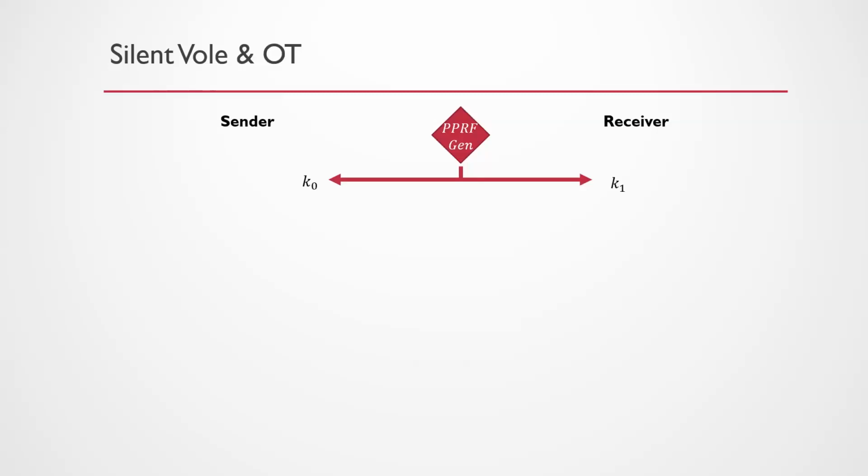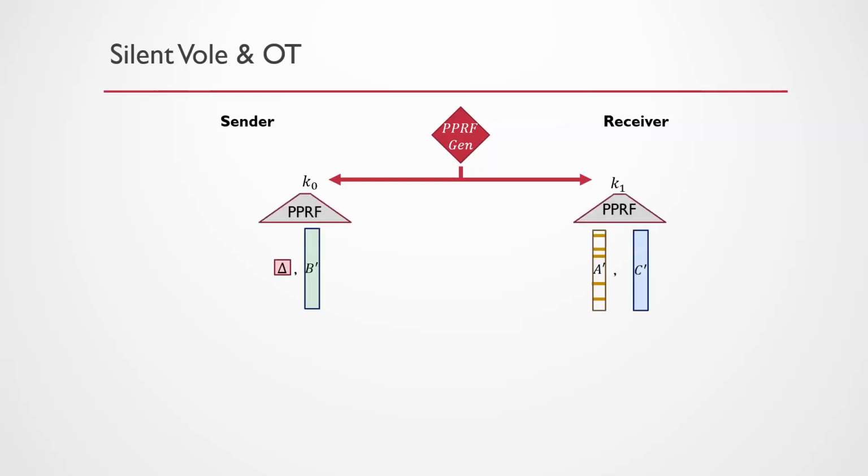So vaguely, how does this all work? Well, this first setup phase is called lots of different things: function secret sharing, point functions, function PRFs, whichever you want to call it. The output of this phase is almost exactly what we want. We have delta, B prime, C prime, which are just uniformly random vectors.